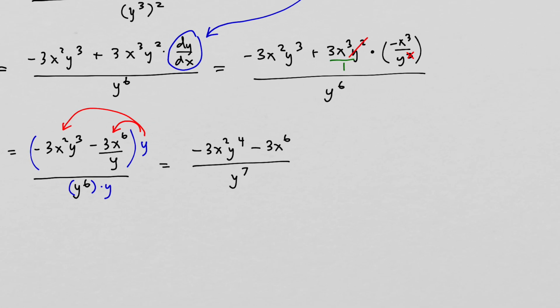And then from here, in the numerator, we can factor out a negative 3x squared, and we're going to get y to the fourth plus x to the fourth, and in the bottom we have y to the seventh.